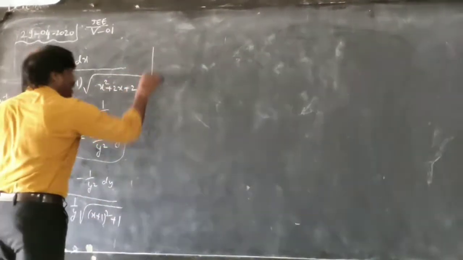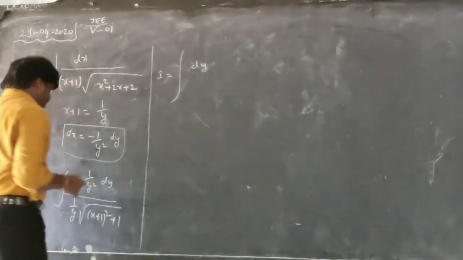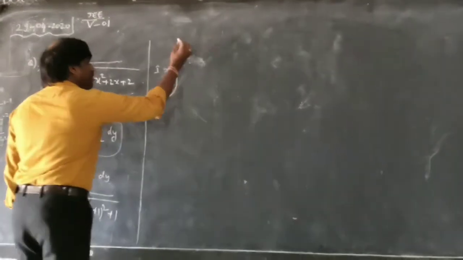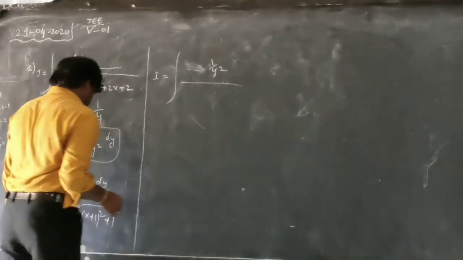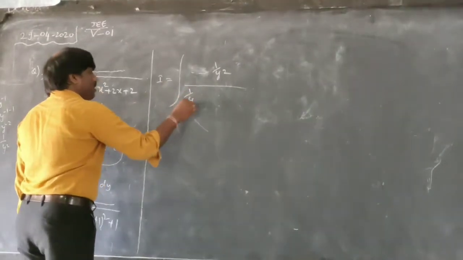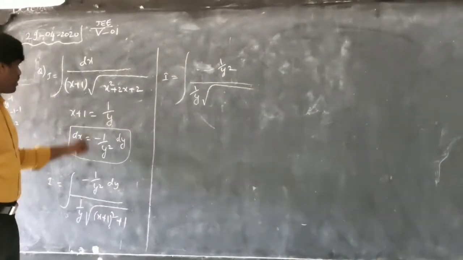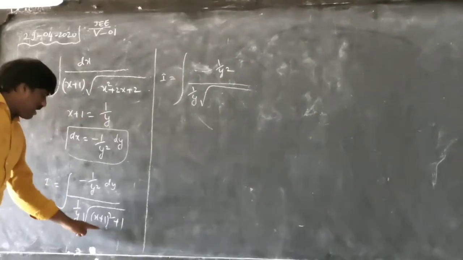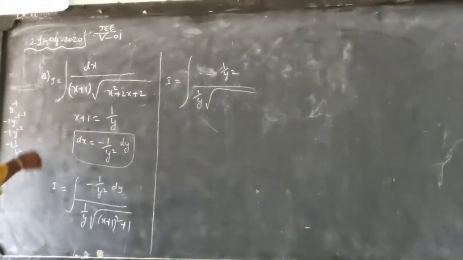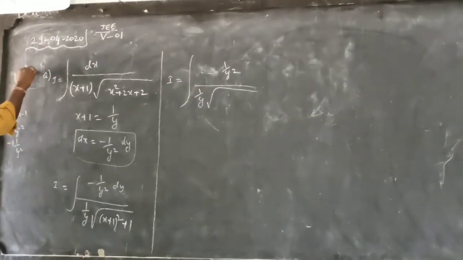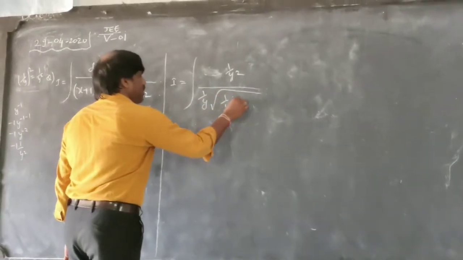So I is equal to integration of dy, minus 1 upon y square divided by 1 by y, and under root of x plus 1 whole square. What was the x plus 1? It is 1 by y. The square of 1 by y is 1 by y square. So I get 1 by y square plus 1.